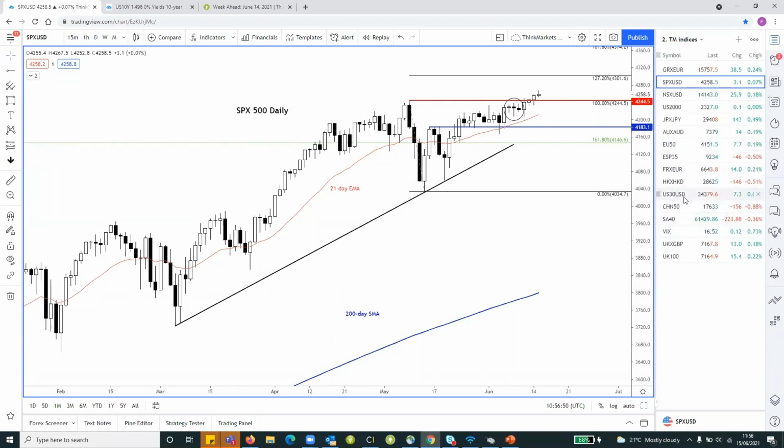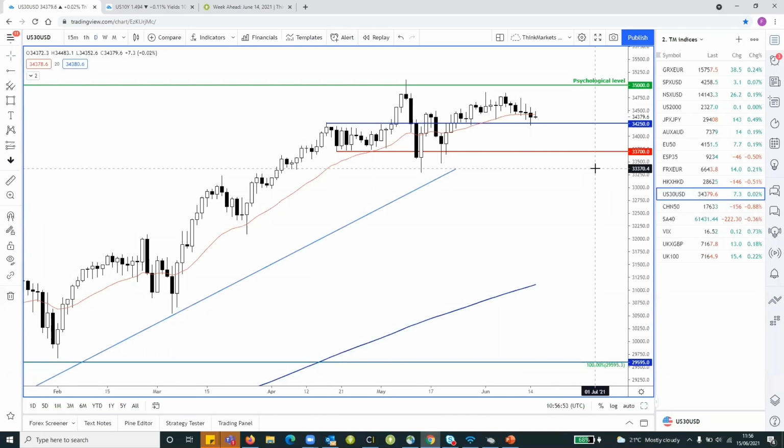So there's been a bit of rotation, in other words, into growth and technology stocks in recent days because of a few central bank heads coming out and saying that QE is going to remain in place for longer than expected.